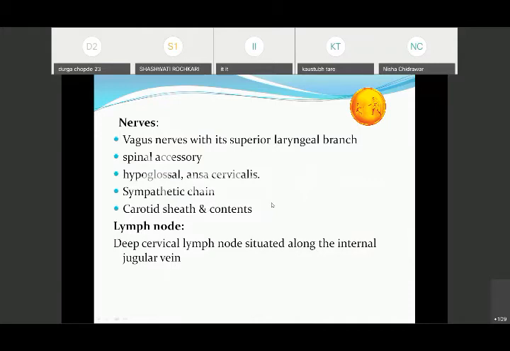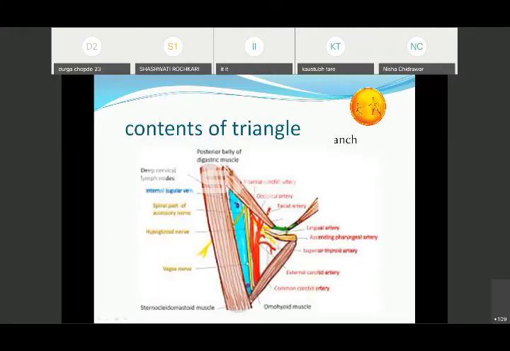If you deeply dissect the carotid sheath, posterior to the carotid sheath, there will be the presence of the sympathetic chain. Then the carotid sheath and its contents. What is the carotid sheath? We'll see later on. Then lymph nodes, the deep cervical group of lymph nodes, which is situated along the internal jugular vein.